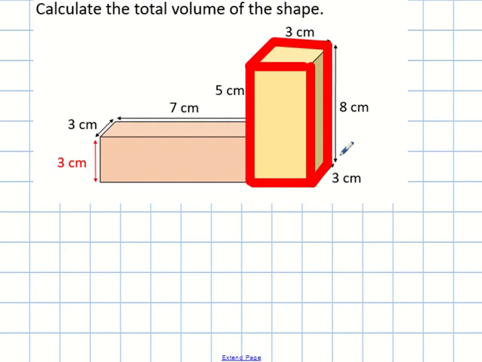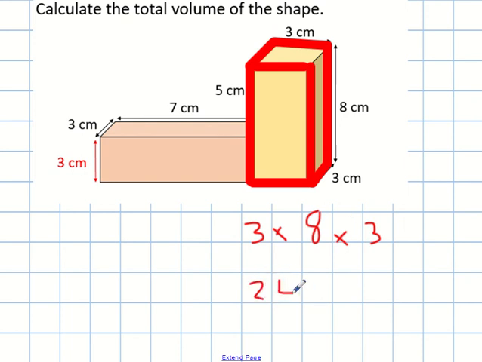So I know that my length is 3, my height is 8, and my width is 3. So 3 times 8 times 3. So we know 3 times 8 equals 24.